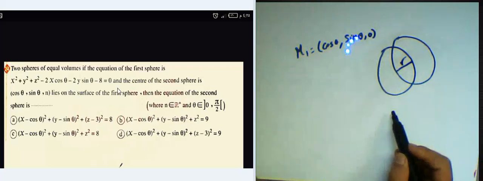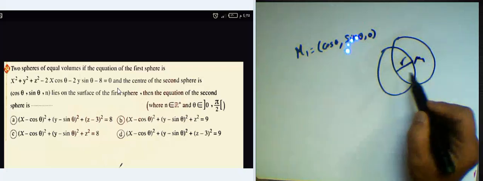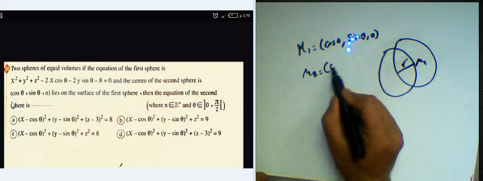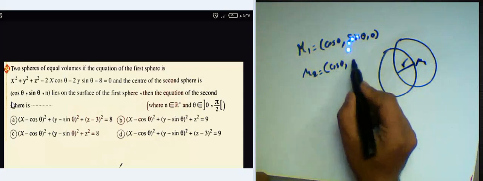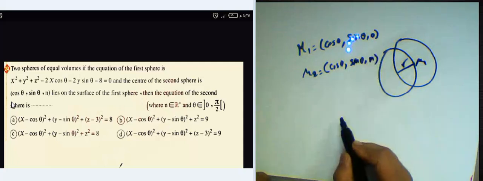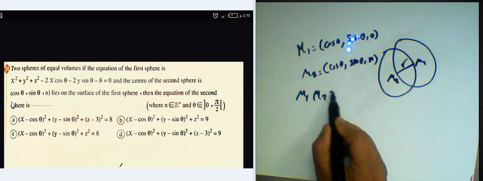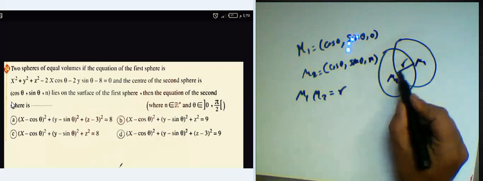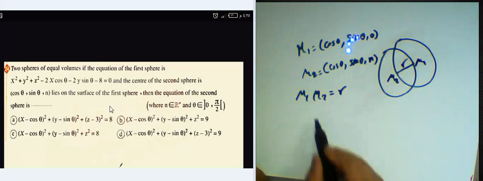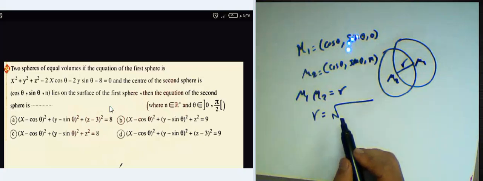It's the center about the first sphere. Second sphere, he give us cosine theta and sin theta. He give us his example and n. We know it's m2. We know m1 and m2. It's a radius. We can get the radius. We have the same radius here. We know r equals square root of the first power 2 plus second power 2 plus third power 2.